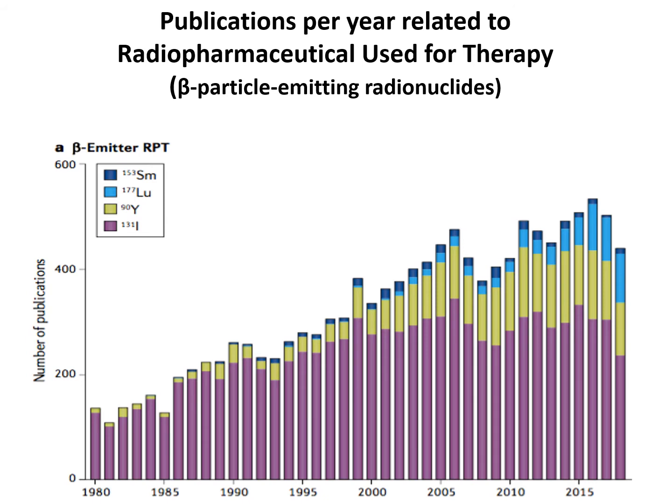By 2018, the number of publications related to lutetium-177 and radiopharmaceutical use for therapy was about the same as that for yttrium-90. So you can see in the early years of nuclear medicine, there were a large number of publications related to iodine-131, but then it was explored with yttrium-90 as well as lutetium-177.